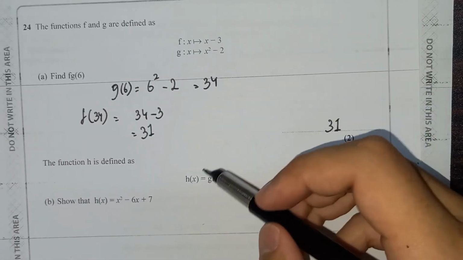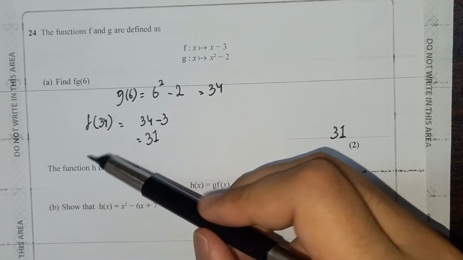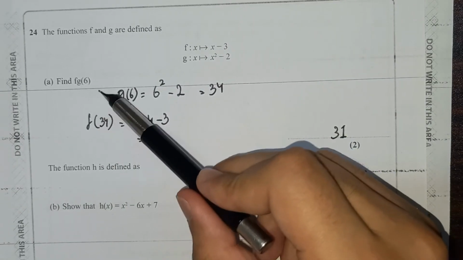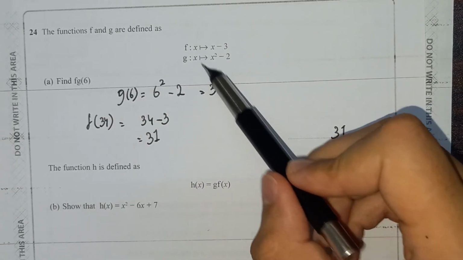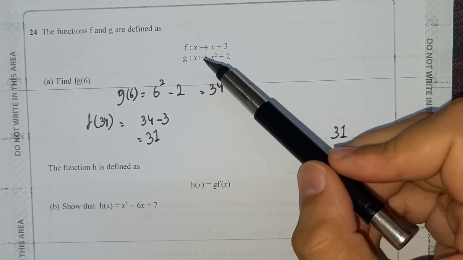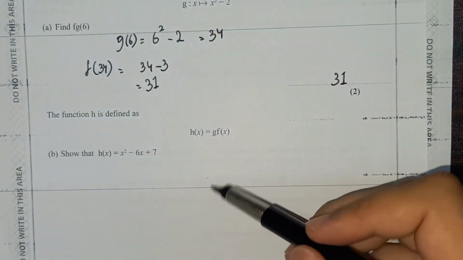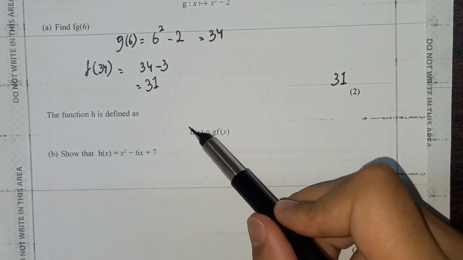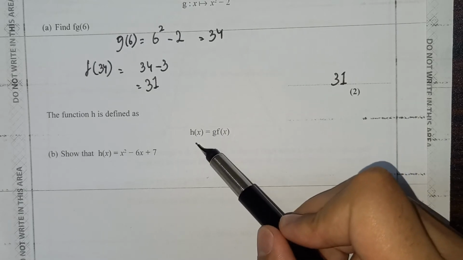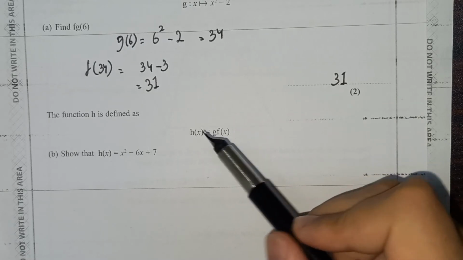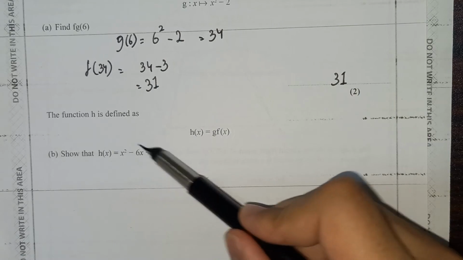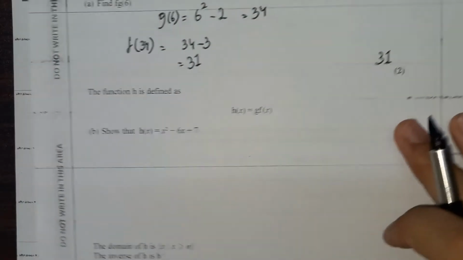So now what we do, the same method we used for fg6, all you need to do is calculate gf of x, and it should automatically be equal to h of x, and whatever answer you get, it should match the h of x equation given here. So we'll just do that.